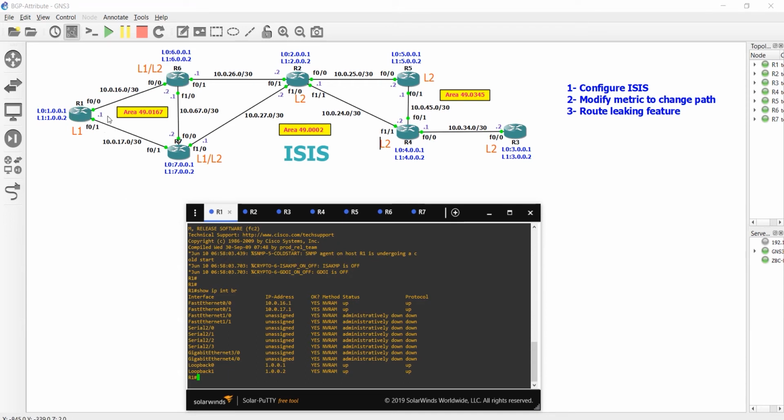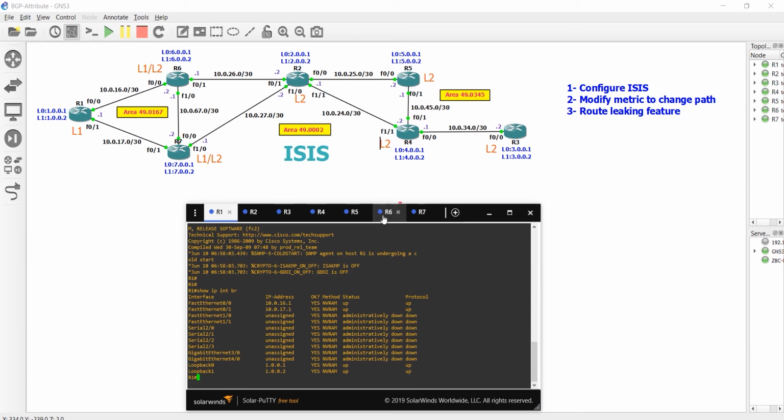Left interface is 1 and right interface is 2. Up interface is 1 and down interface is 2. It's my rule in this topology. And I have assigned for interface GigabitEthernet 0/1 10.0.17.1. And loopbacks: I have assigned 2 loopbacks, loopback number 1 and loopback number 2, for all of the routers here.